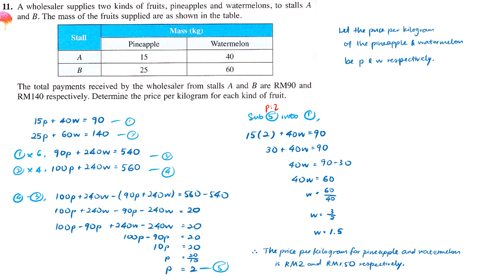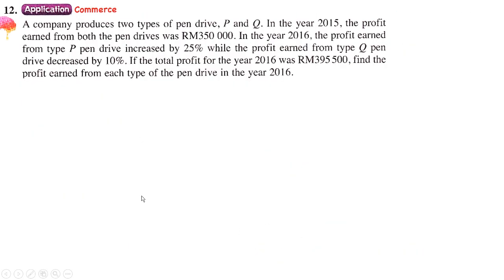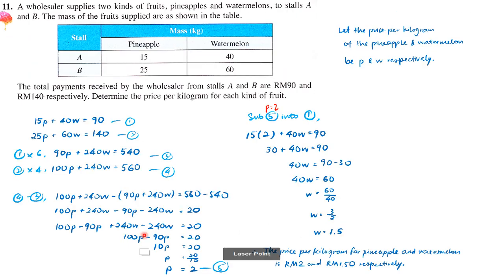So equation 1 is 15P, which is 15 times 2, plus 40W equals this. Go all the way down, you'll find that W equals 1.5. Okay, so there we go. We found P, we found W. Yes, that is the price per kilogram we are trying to find. So the price per kilogram for pineapple and the watermelon is 2 and 1.50 respectively.